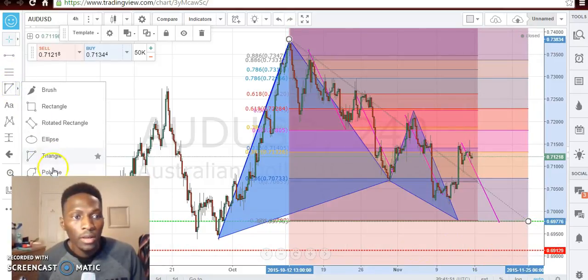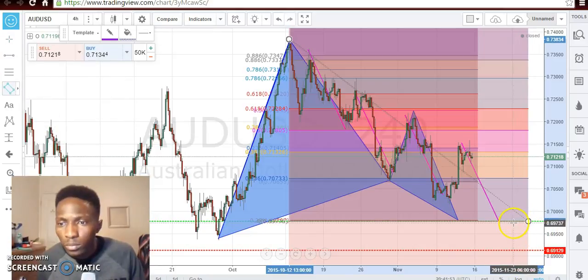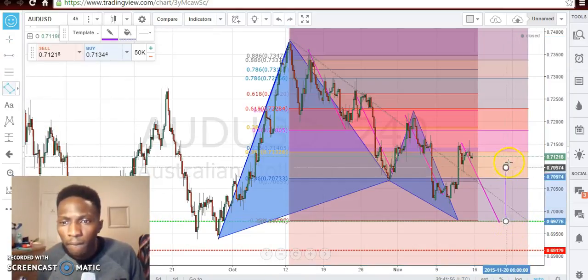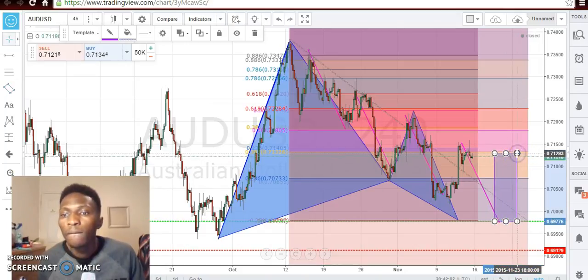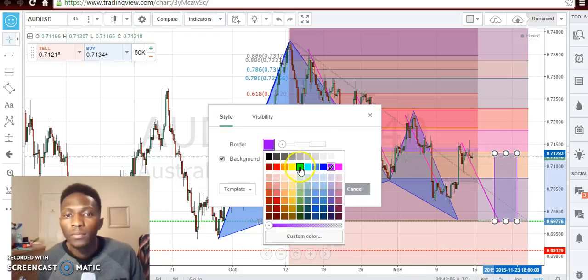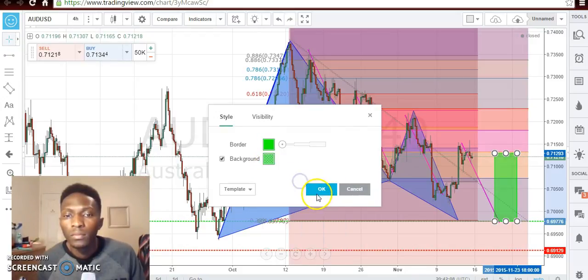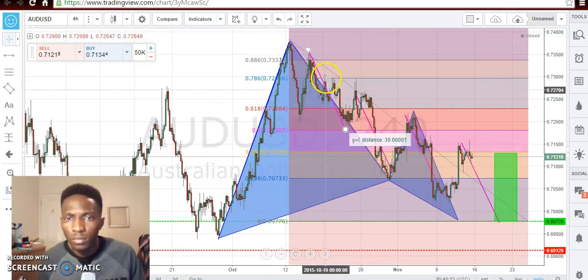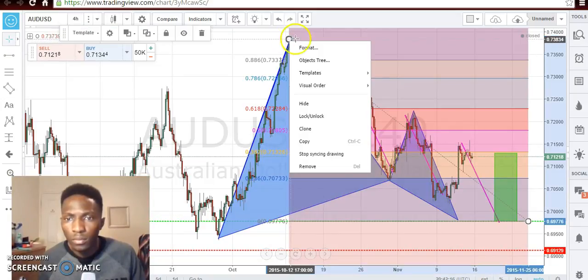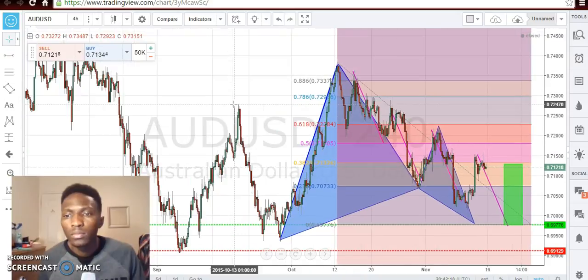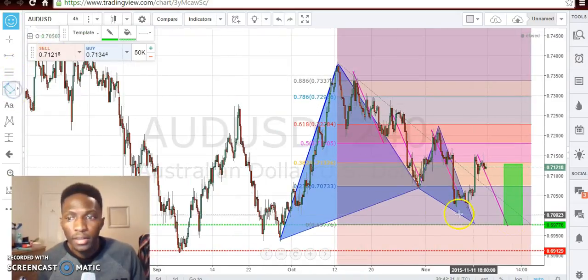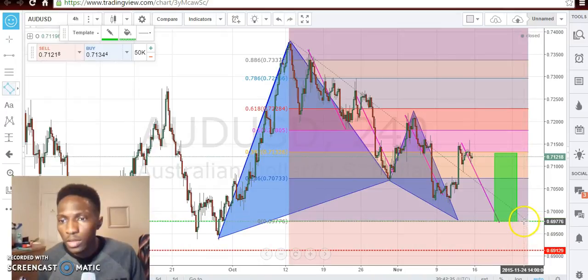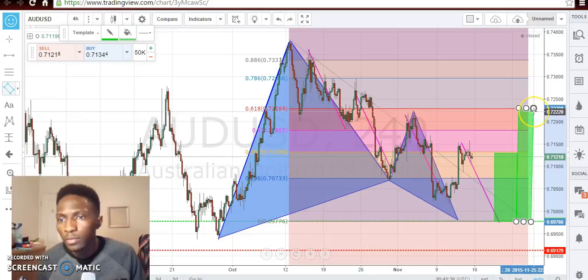We're going to have our first target right there. And our second target is going to be at the 618 retracement. So all the way up there, that's where our second target is going to be.